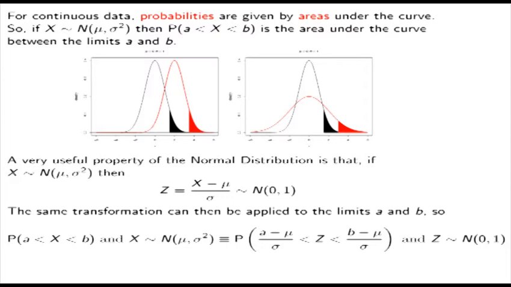The middle component then becomes z, and the other two components are transformed by the same transformation. And so these two statements just say they are equivalent. The probability of x being between a and b, where x is a general normal, is the same as the probability z lies between (a minus mu) over sigma and (b minus mu) over sigma, where z is a standard normal. Now this statement, of course, is only true provided sigma is positive.